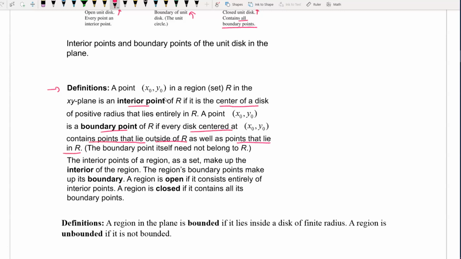And finally, the interior points of a region as a set make up the interior of the region. The region's boundary points make up its boundary. The region is open if it consists entirely of interior points. The region is closed if it contains all its boundary points.